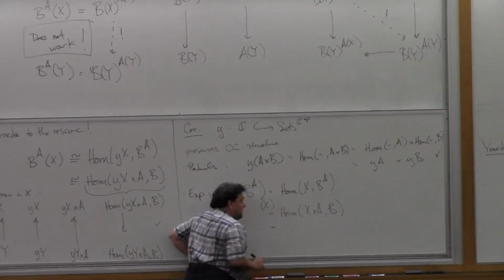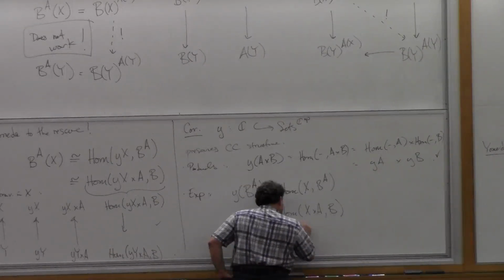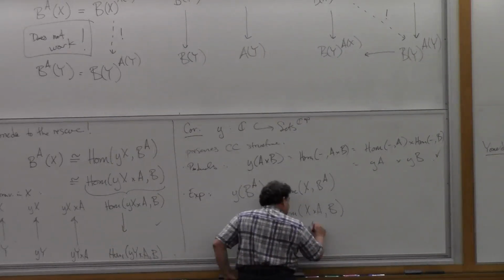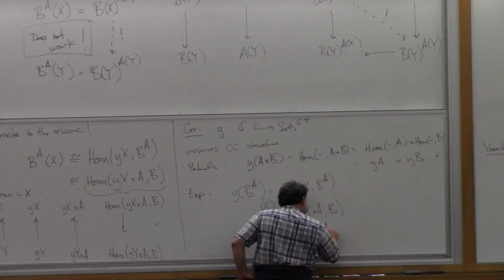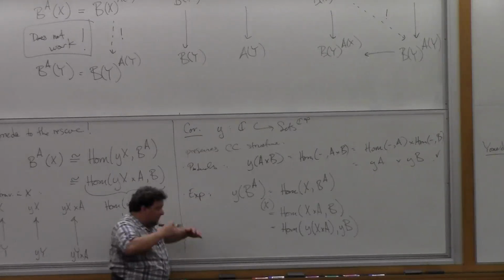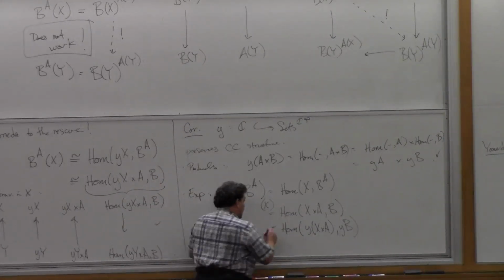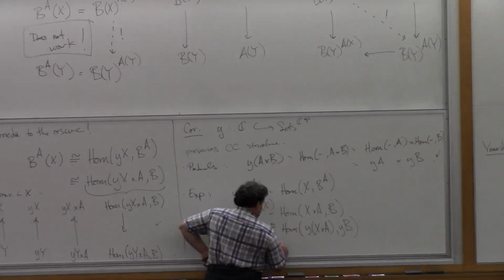And now we use the Yoneda lemma again. The Yoneda lemma tells us that we can apply y right inside here and still get an isomorphism. YB. Because remember, this embedding establishes an isomorphism between these two Hom sets. So that's iso.